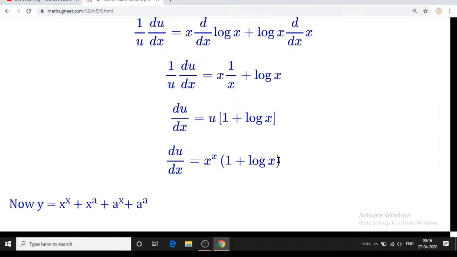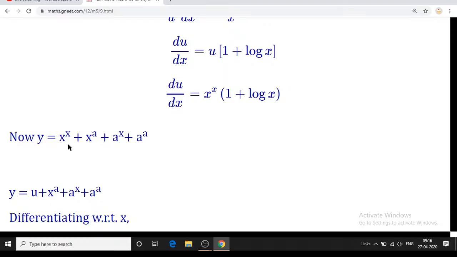Now we will start with the question, y is x raised to x plus x raised to a plus a raised to x plus a raised to a. Now this was our u, so we'll write it as y is equal to u plus x raised to a plus a raised to x plus a raised to a.